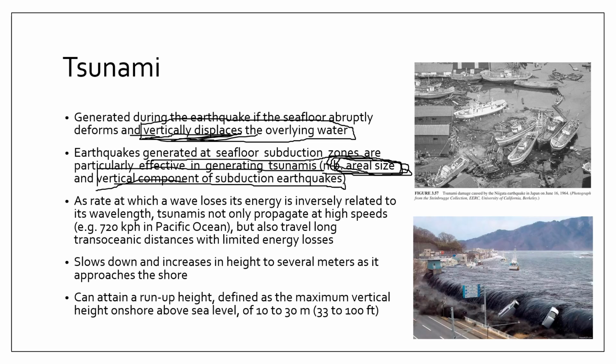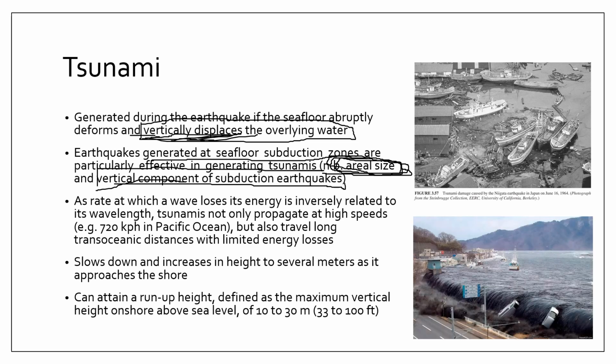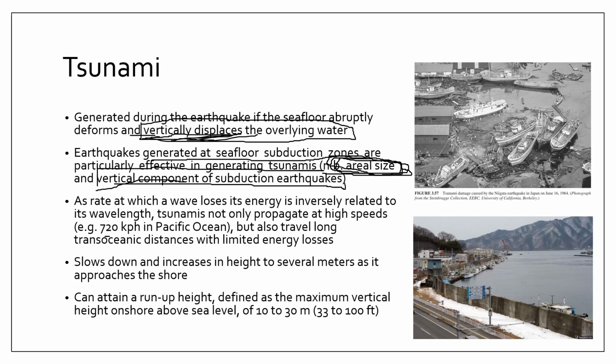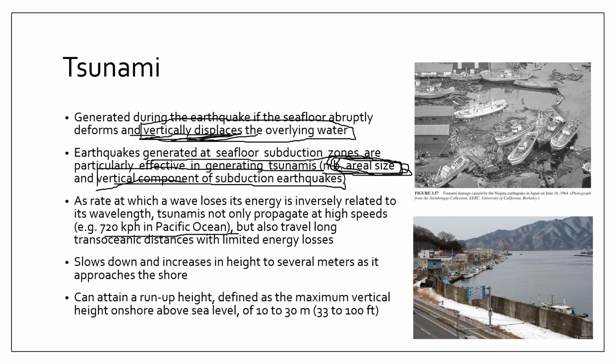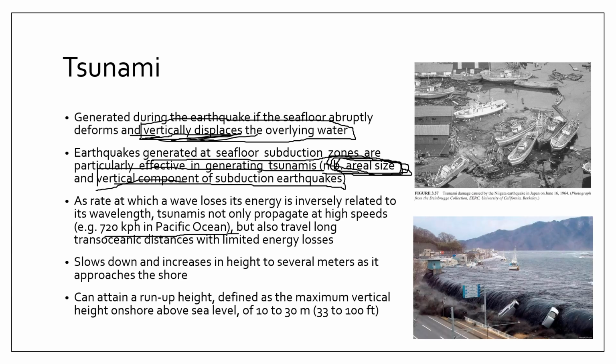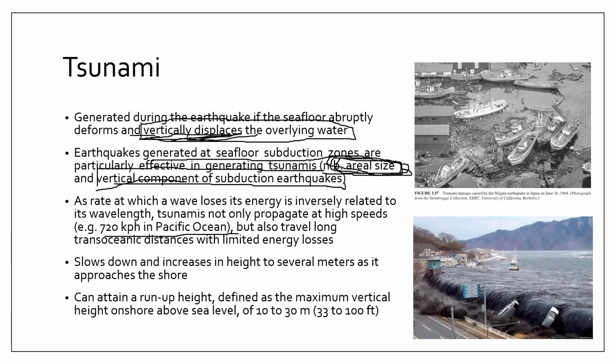So tsunamis from the Pacific or from the middle of the ocean can easily hit really far away areas. It's not uncommon to have a tsunami generated somewhere in the middle of the Pacific to affect Chile, Japan, and other Pacific areas.